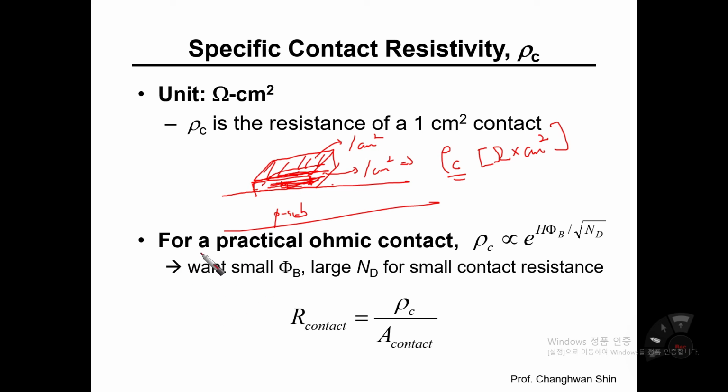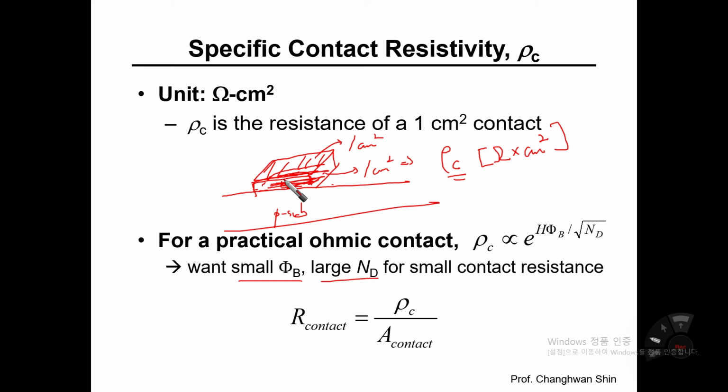For a practical, preferred ohmic contact in an integrated circuit chip, device engineers want a smaller Schottky barrier height and a heavily doped concentration to implement small contact resistance. The smaller the specific contact resistivity is, the better.